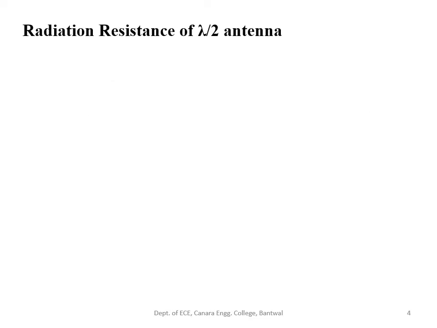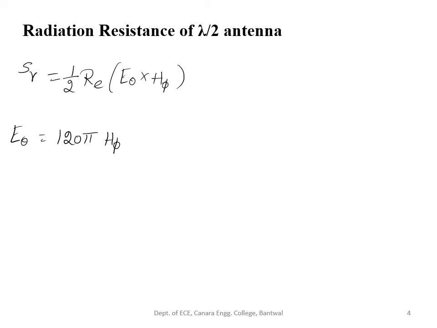Radiation resistance of lambda by 2 antenna. The far field components are E theta and H phi, so the radial component of the Poynting vector is S R equal to half of the real value of E theta and H phi. We know that E theta is equal to 120 pi into H phi.